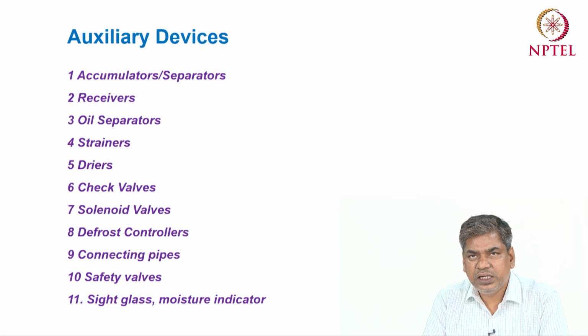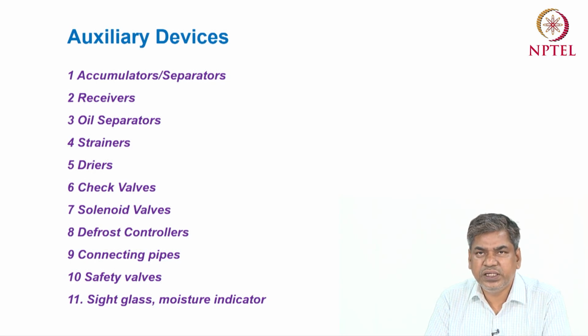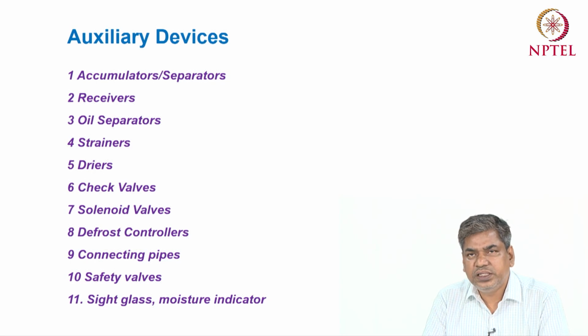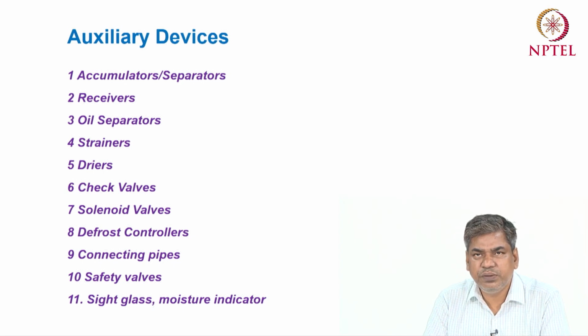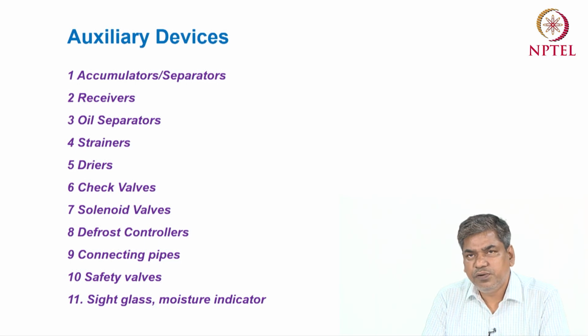This accumulator or separator is not always used for all systems, but some systems have it. Then the receiver is also used by some systems, and the oil separator too. If you use miscible oil, a separate oil circuit is not required, but in the case of immiscible refrigerant a separate oil circuit is required.